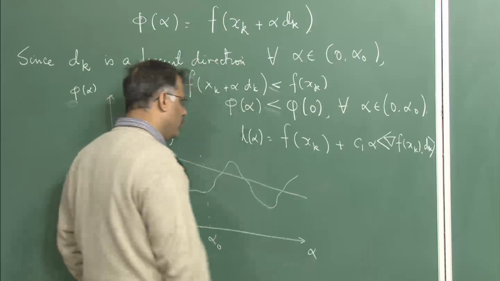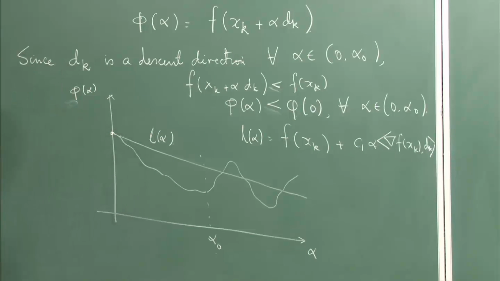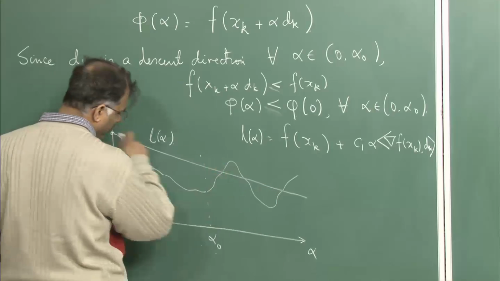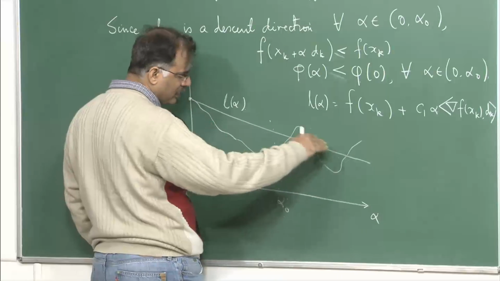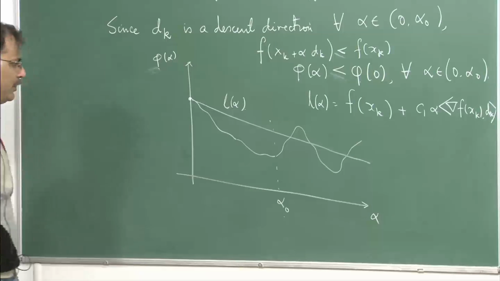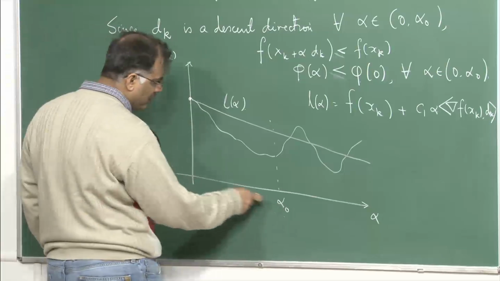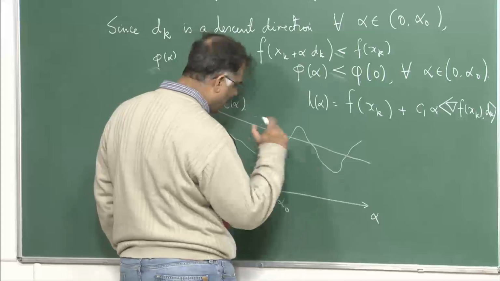If you take a proper modulation of C1, then for a large chunk the L alpha line lies above this graph, and that is a crucial fact. So you can say this is my acceptable alpha naught, these are my acceptable alphas.